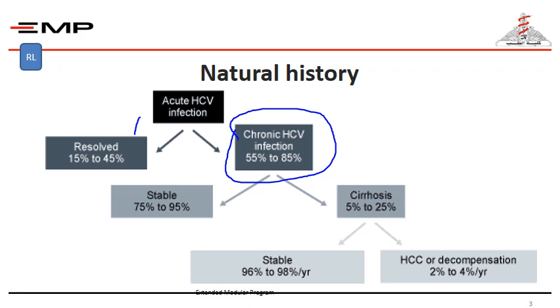In 75 to 95% the condition is stable, while in 5 to 25% liver cirrhosis occurs. In 96 to 98% per year they remain stable, while in 2 to 4% per year they become decompensated or develop HCC.